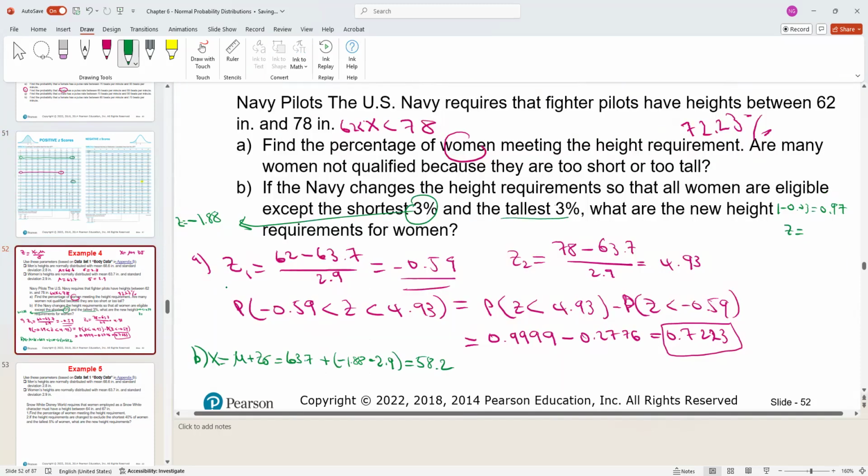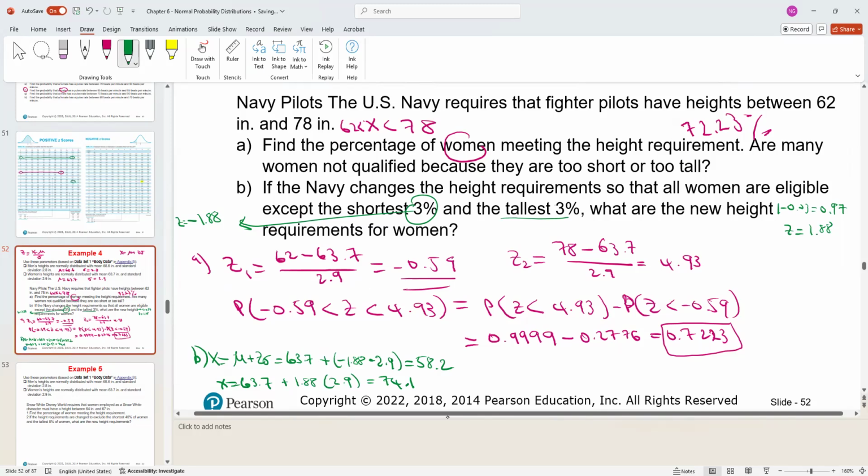We know it's going to be positive 1.88. So the other one, x equals 63.7 plus 1.88 times 2.9. What it gives you at this point is 74.1.